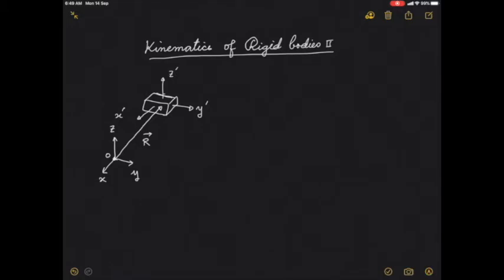Now, to describe the motion of the rigid body, what I need to tell you is how r changes with time, and that's just a translation. There are three translations essentially.